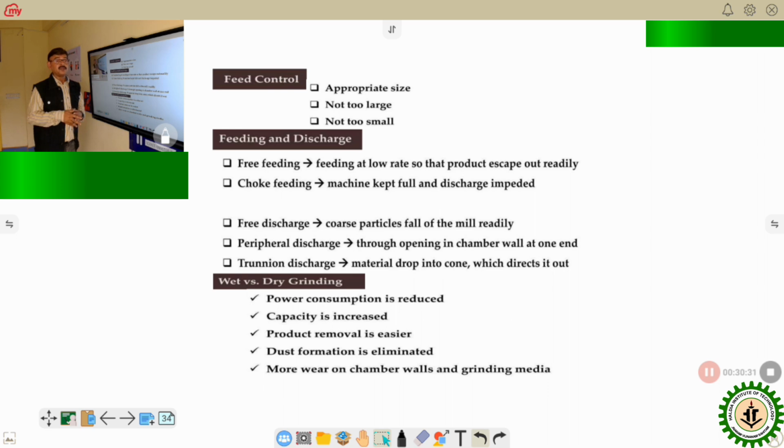That will be profitable also, because during size reduction there is a chance of material spillage. Having that 1% or 2% moisture, the spillage of material can be effectively prevented.